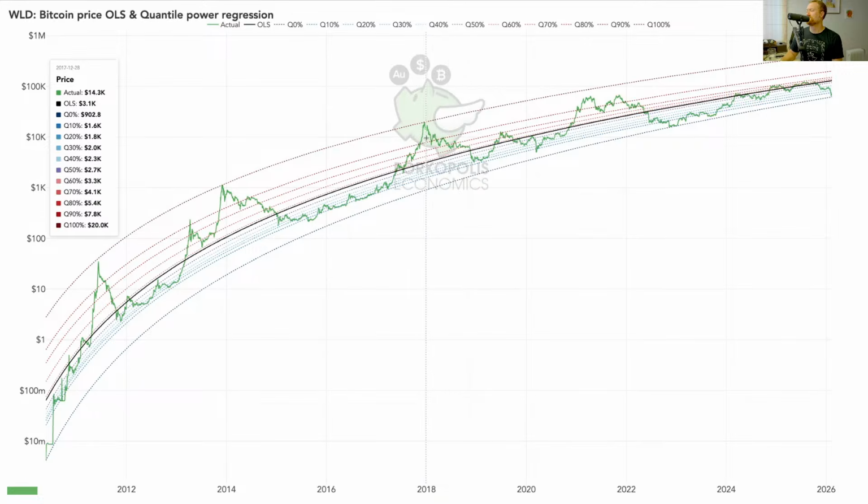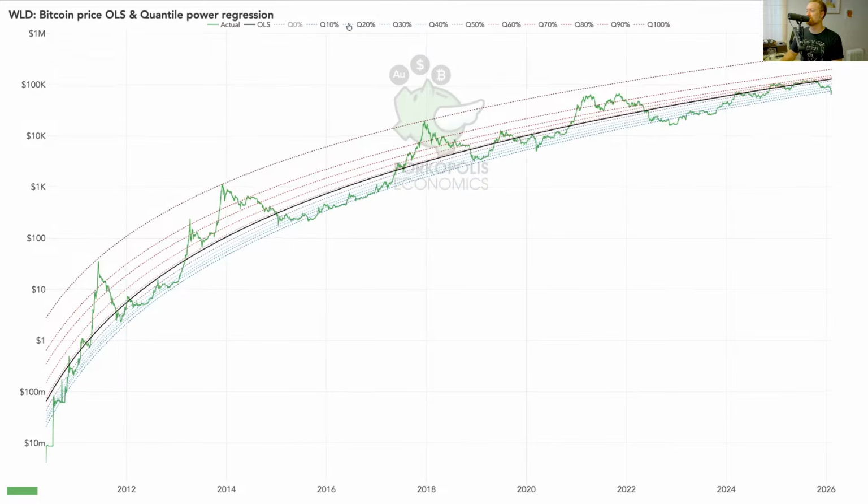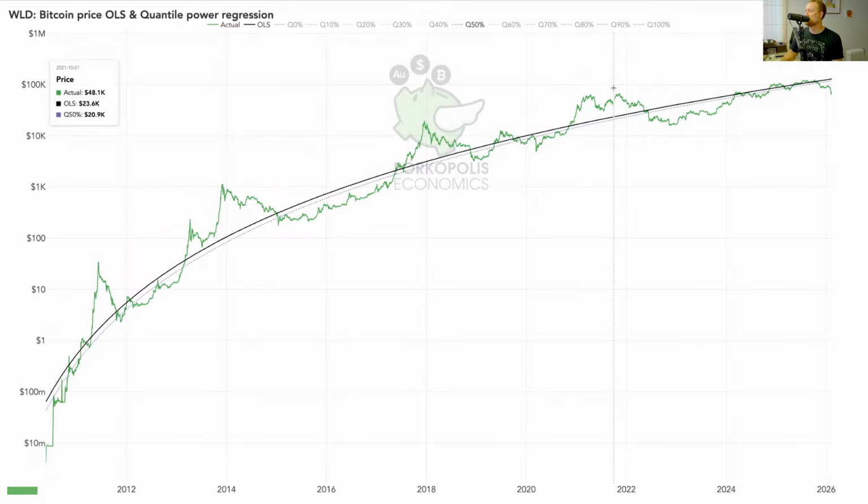Another thing I was thinking about, which would be cool to show you guys, is to look at the delta between the 50th. Let me just show you. This should work. This is still very buggy, but I'm working on bringing it to you guys. So let's look at the delta between the median quantile and the OLS.